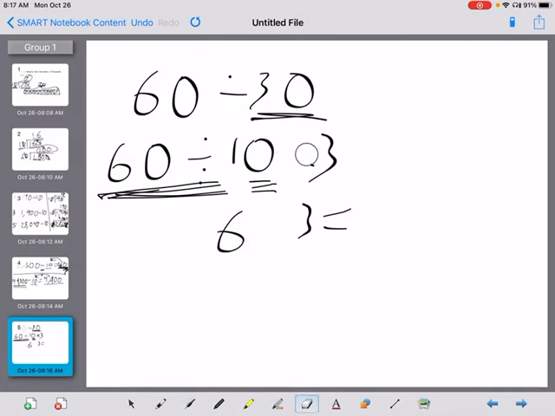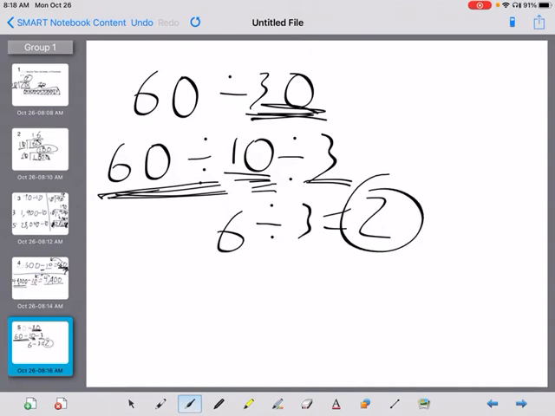So here, it's kind of like 60 divided by 10 divided by 3. So I'm going to divide by 10 first, and then I'm going to divide by 3 afterwards, because I'm breaking the 30 up into 10 and 3. So you divide by 10 first and then the other one second. There's no multiplication in there. Sorry if you're confused about that. So 60 divided by 10 is 6, and then you have 6 divided by 3, which is 2. So your final answer is 2.